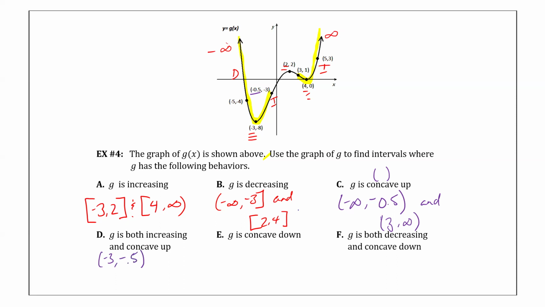And then where else am I highlighted and increasing? 0.5, yes. And then that's where I'm increasing and I'm concave up. So it would be, there we go, 4 to infinity. You're looking for concave up and increasing. So you're looking for words. Anytime you're describing concavity, it has to be parentheses. Okay.